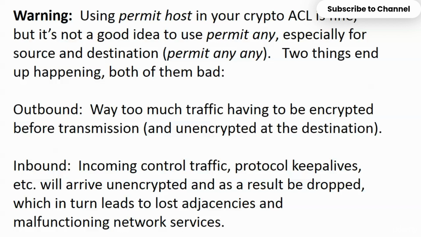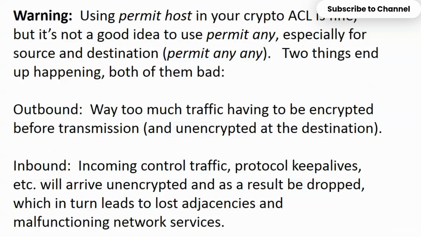Now, inbound, you got some bad things happening there, because you could have incoming control traffic, protocol keepalives, etc., arriving unencrypted. And you've got an ACL on the router that says, hey, I expect everything that comes in this interface to be encrypted. Well, that's not going to happen. And boy, you're going to have not only malfunctioning network services, but you're going to end up with some lost adjacencies likely as well.